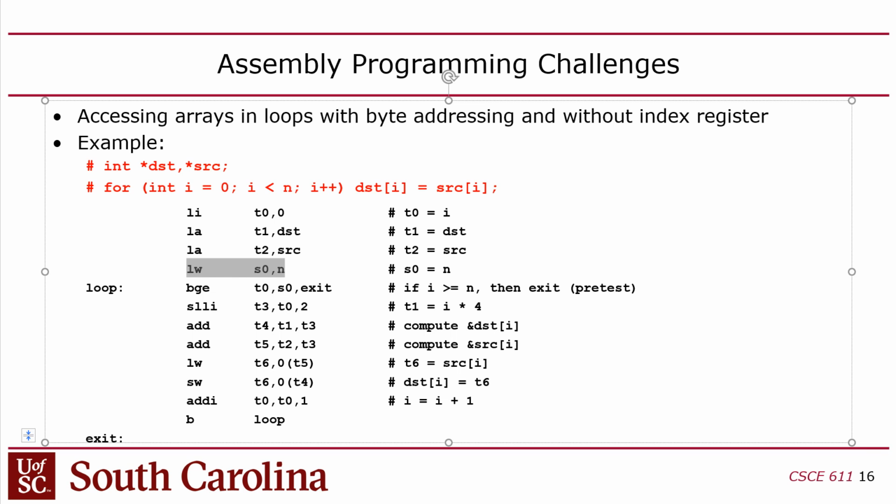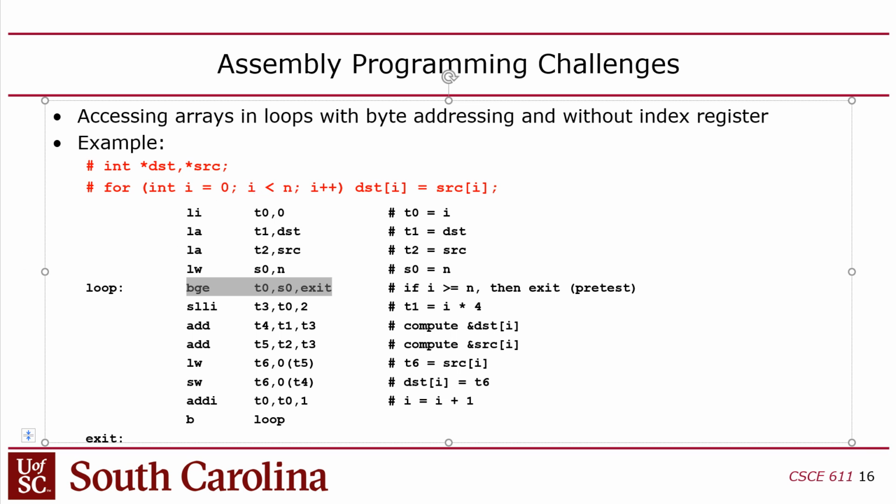After these initialization instructions, you begin the loop with a label. And the first thing I do in this case is check to determine if the loop should perform an iteration. So I use a branch on greater than or equal, comparing I, which is T0, to S0, which is my n. And that's the loop iteration count limit. I'm using greater than or equal, which is the opposite of what the loop said to use.